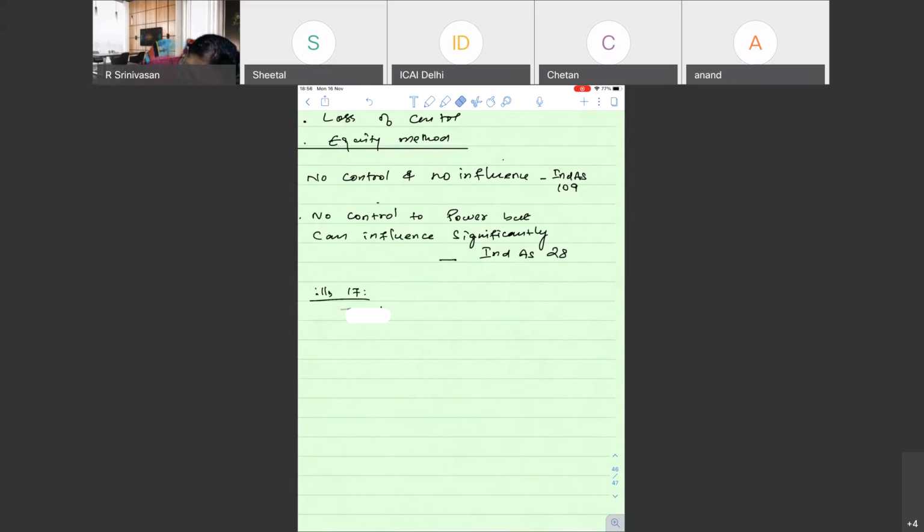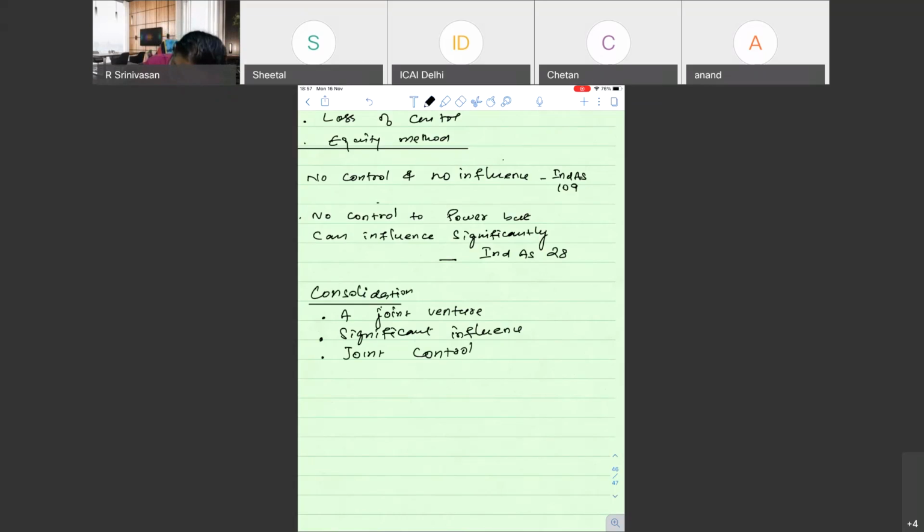When there is a joint venture, then significant influence, joint control, power to control.